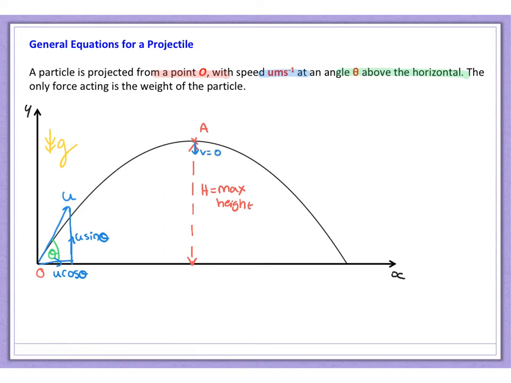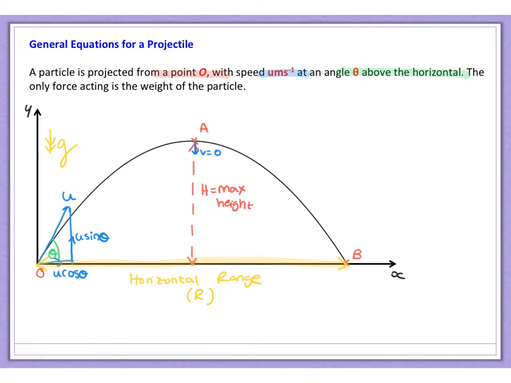Let's label another point here at the end of the motion, which is B, and then we know that this distance, which I'll highlight in yellow, is the horizontal range of the particle, which I will call R.